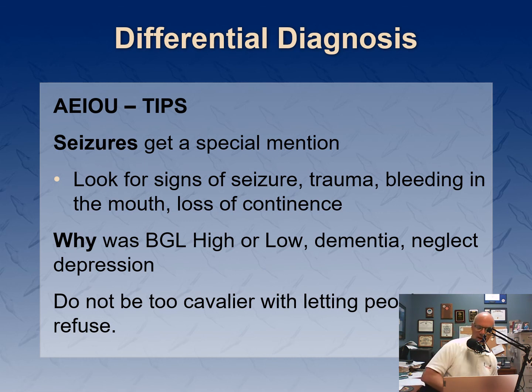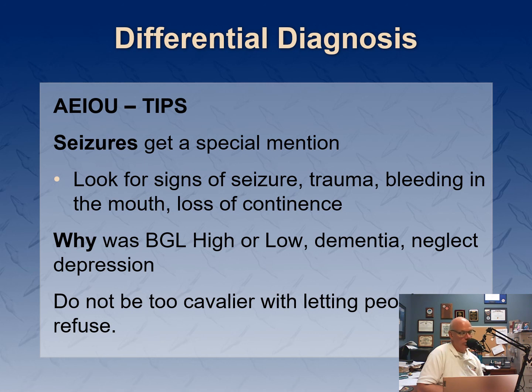A could be acidosis, alkalosis, alcohol, all good for the A. E is epilepsy, and epilepsy goes with seizure, and seizure gets a special mention here because low blood sugar can cause a seizure, and seizures can cause low blood sugar. So when we're taking care of the person, even after we're waking them up, we should do a little bit of a check. Are there any signs of trauma?